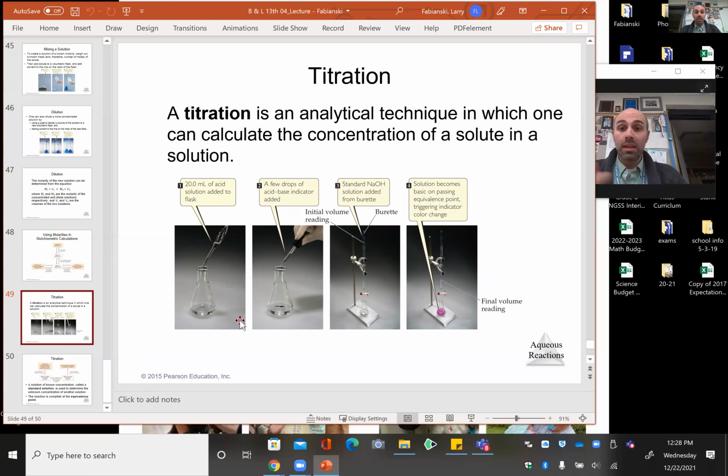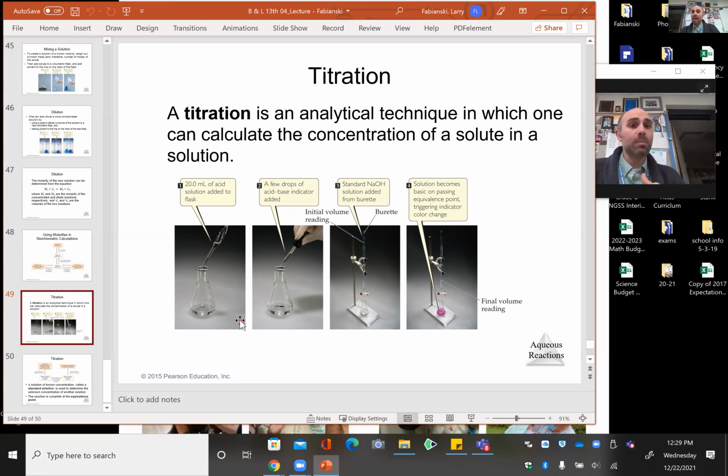So in this case, the flask contained an acid of unknown concentration. We then added an indicator to the acid. In this case, based on the color, it's phenolphthalein, which turns a pinkish color. In the burette. Now, a burette is like a giant pipette. It's got a little stopcock on it. And what you do is you turn that to allow a drop, drop, drop.